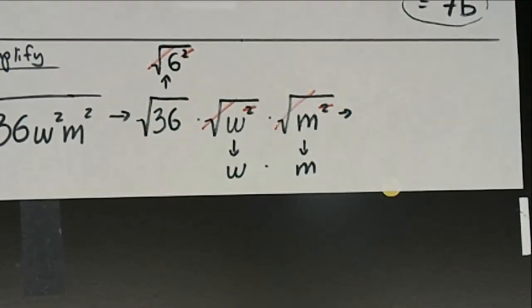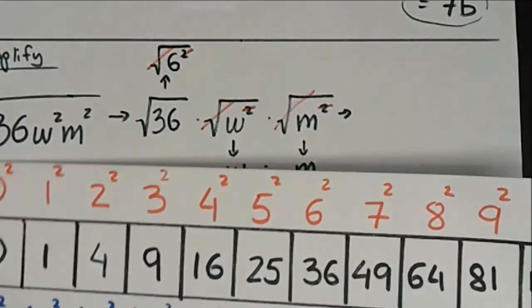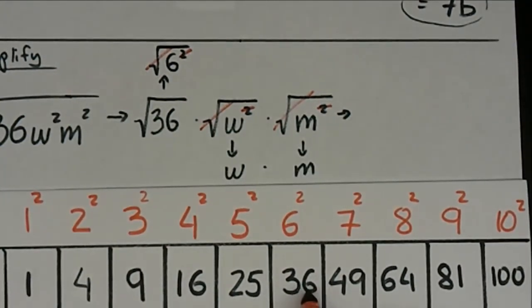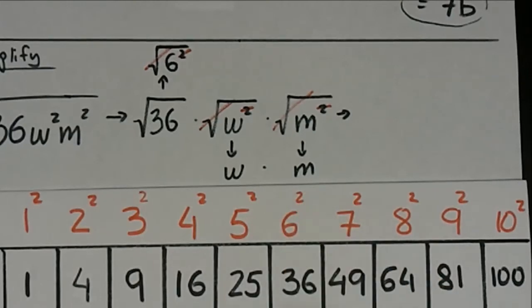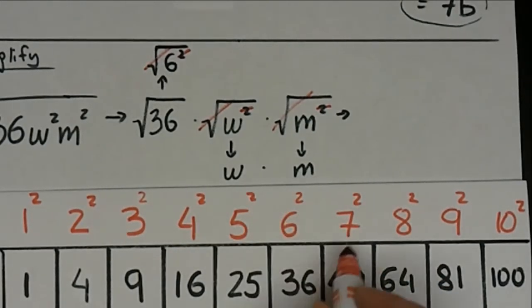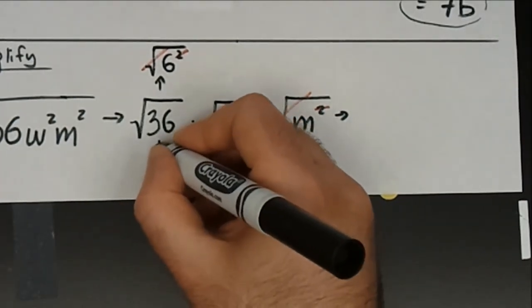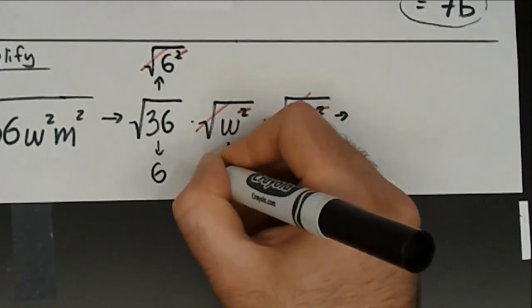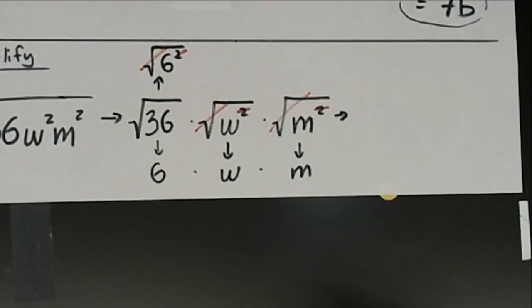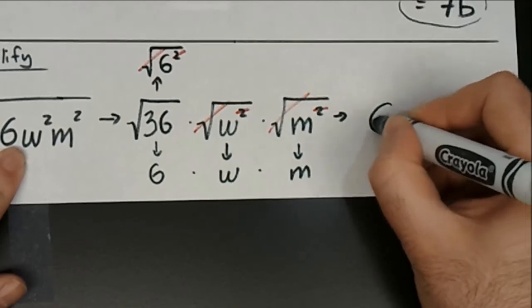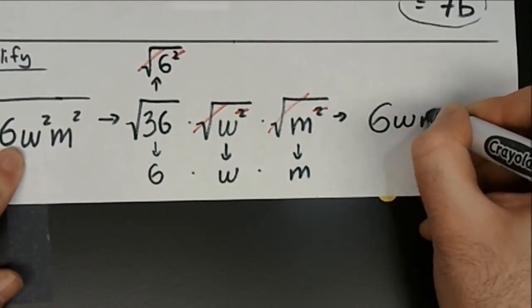And again, I chose that because, if you remember this, 36 can be written as 6 to the second or negative 6 to the second, and I'm only taking the positive. So there, the outcome is just a 6. So my answer is 6 times W times M, or 6WM.